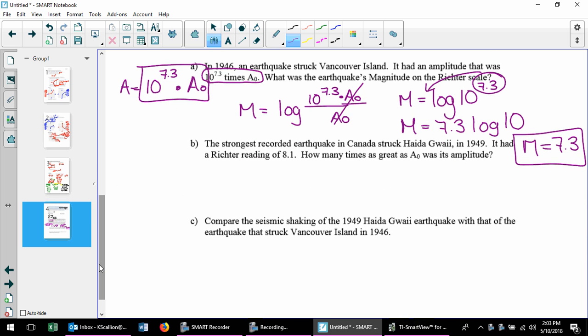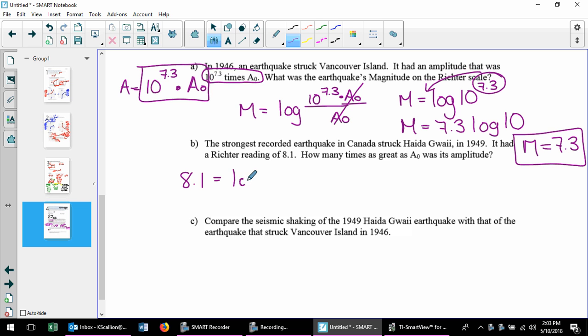All right. So now, some stronger recorded earthquake in Canada, struck somewhere where I've never been, had a Richter reading of 8.1. How many times as great as A initial was the amplitude? All right. Got it? Well, I know that goes in for the magnitude on the Richter scale, 8.1.